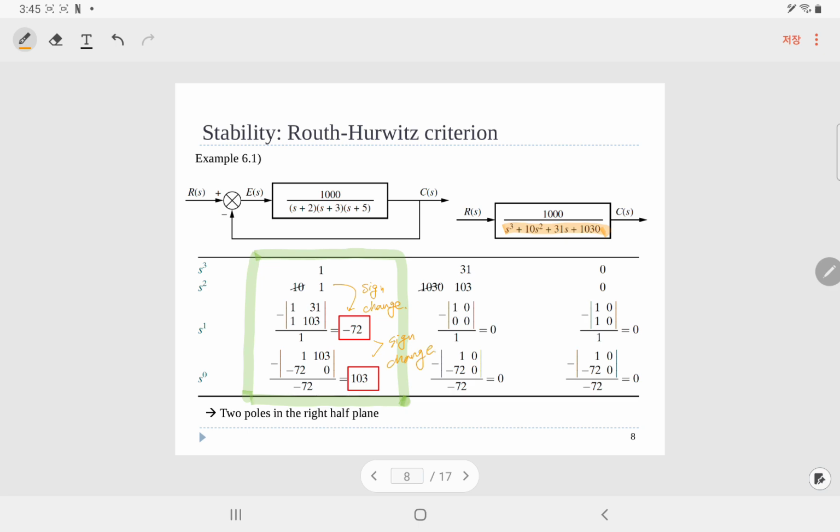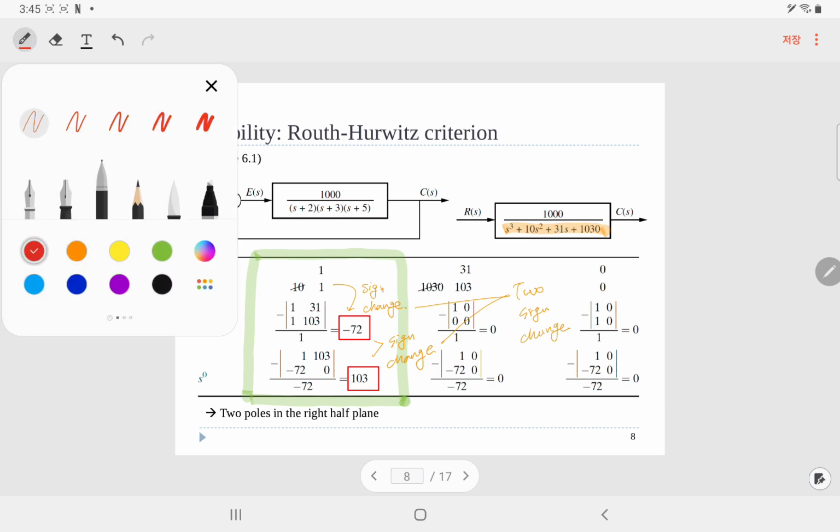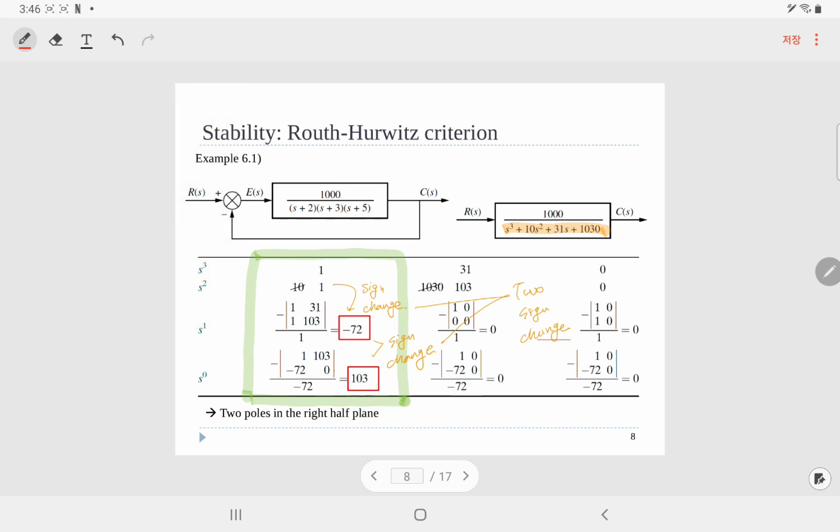So from this result we can say that this table has a total of two sign changes. This number of sign changes equals the number of poles placed in the right half plane of the complex plane.